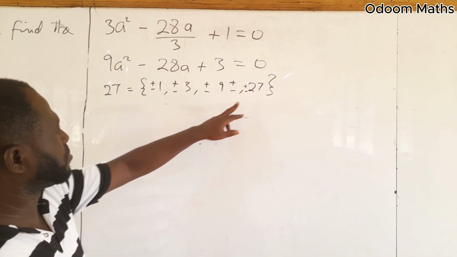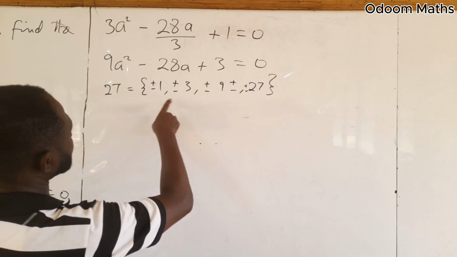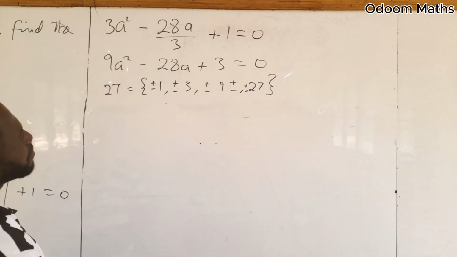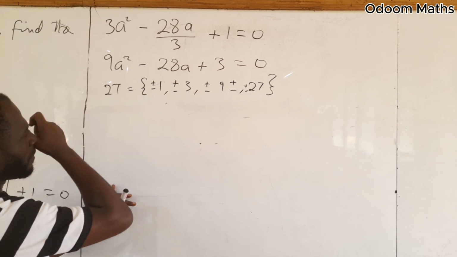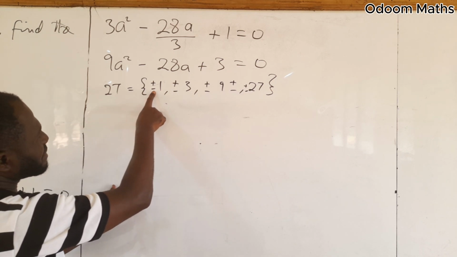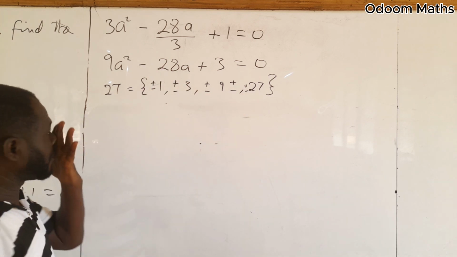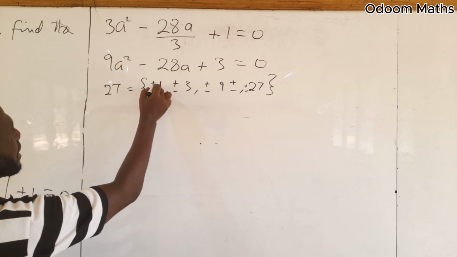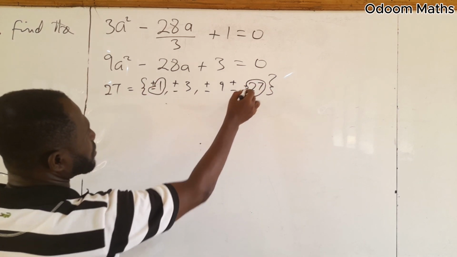So this and this will be 27. Let's see two factors that can fit here. When you multiply negative 1 and negative 27, you are going to get positive 27. When you add negative 1 and negative 27, that is going to give you negative 28. So in this case, I am going to take negative 1 and negative 27.